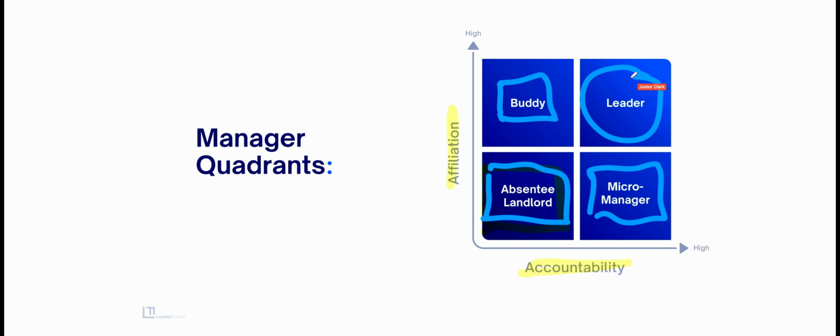High accountability, low affiliation? I'm like, you don't care. But when those two things come together and I feel that the person cares and they also say there's more there, there's more to give, there's more to learn, you can become better, that helps. Now I have the motivation to go and get better because I know that they have my best interest at heart.